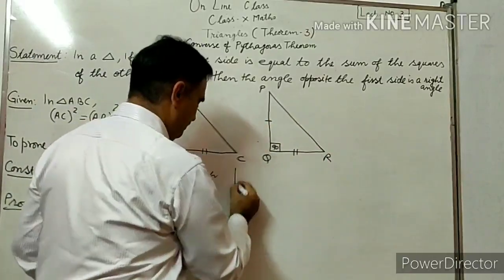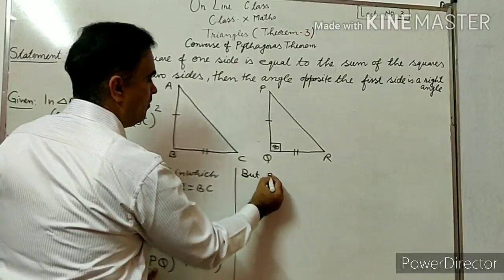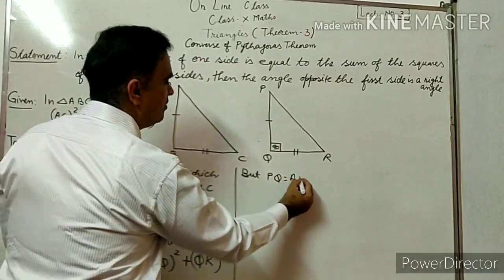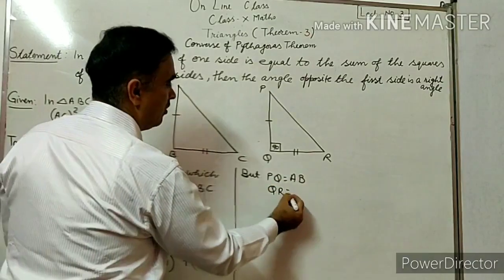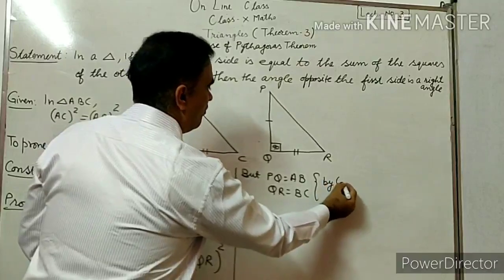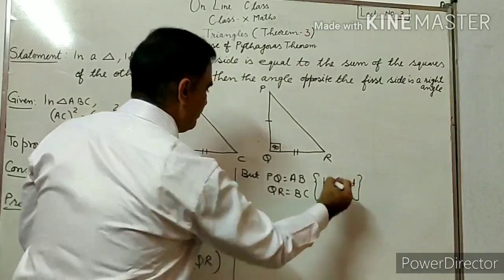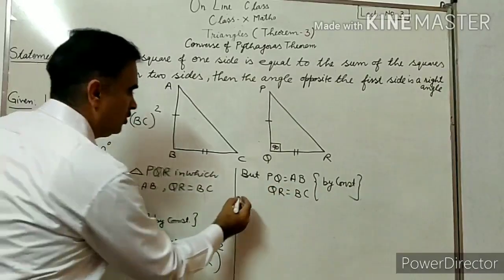We can start here. But PQ equal to AB and QR equal to BC by construction. So in place of PQ, can we write AB or not?